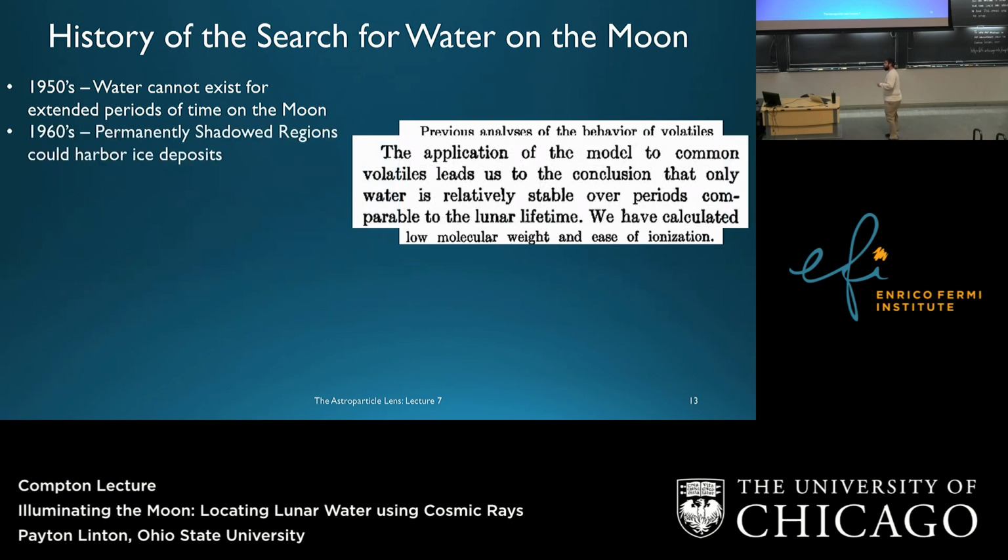This changes a little bit in the 1960s when the idea of permanently shadowed regions become more popular. We reanalyze the environment of the moon with this new idea of, well, what if an area never saw the sun? And what we conclude is, well, these regions could actually have water, but do they?